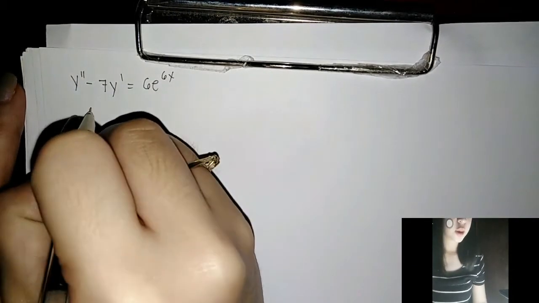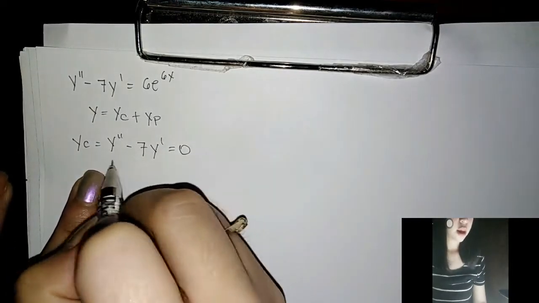So, proceed tayo sa second example. So, ang gagamitin nating formula dito is yun pa rin, yung yc plus yp. So, yung yc natin, ito siya, isusulat lang natin yung nasa left side. Tapos, equal to 0. So, ngayon, papalitan ulit natin yung mga y ng m. So, m squared minus 7m is equal to 0.